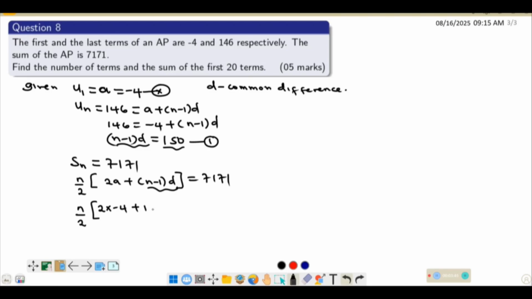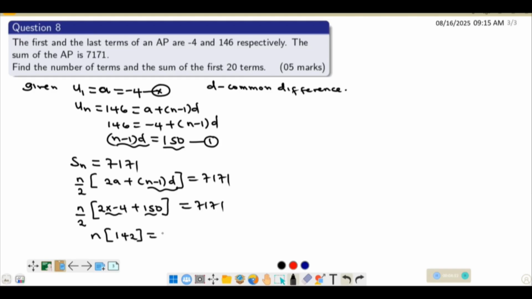So can we substitute for that? n minus 1 into d is 150. So this is equal to 7171. Let us multiply through by 2. When you multiply through by 2, you remain with n into -8 plus 150. So -8 plus 150 is 142.